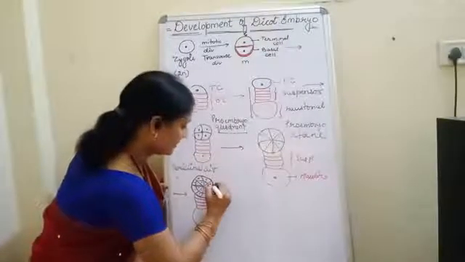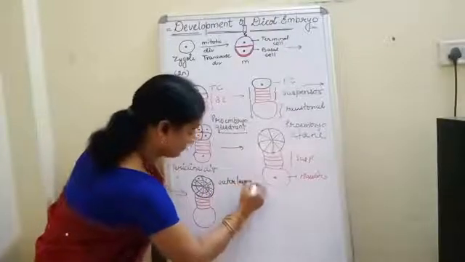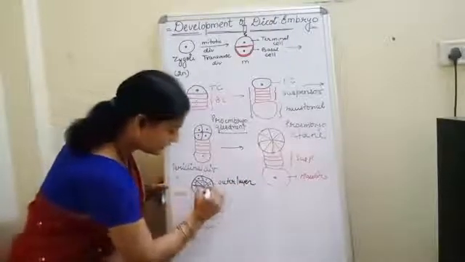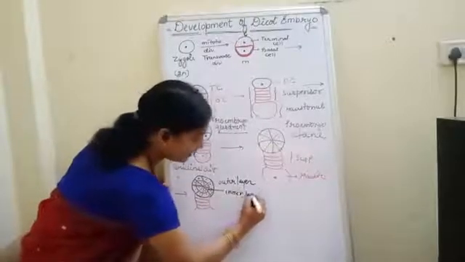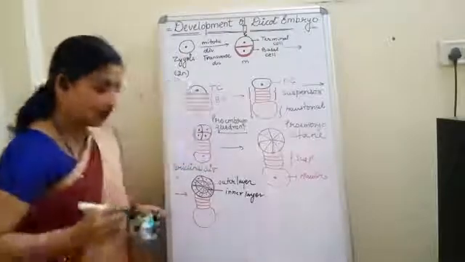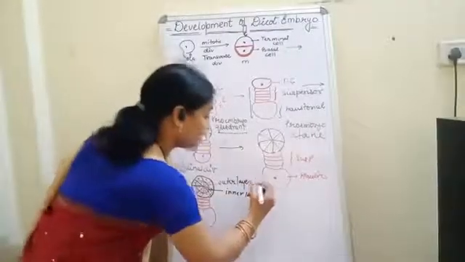Now see, this is the outer layer, and inside this will be the inner layer. The outer layer will form dermatogen.